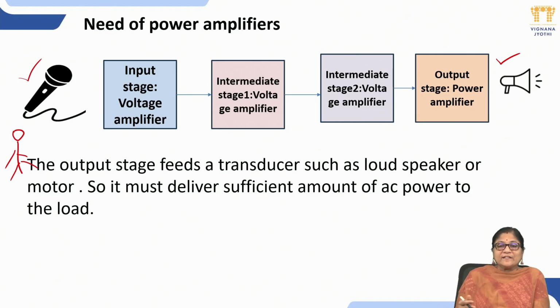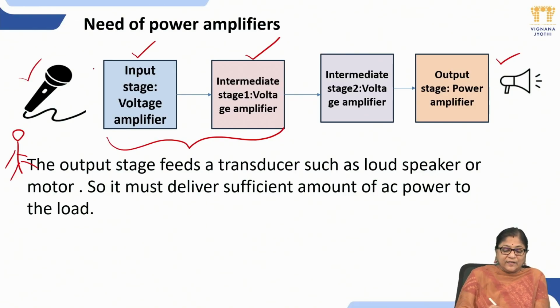So what are the different stages? Suppose the first stage normally amplifies in terms of voltage. If you want more gain, then I have to add one more stage, which we call an intermediate stage. So these first two stages will amplify the signal generated from this microphone. Normally this is called a transducer, which converts our physical speech into electrical speech.